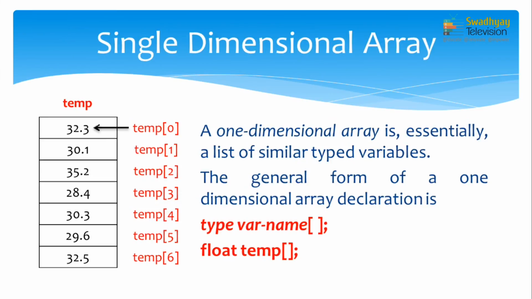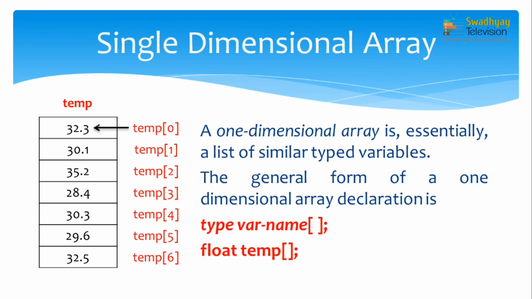Now, we have a single dimensional array. A single dimensional or one dimensional array is essentially a list of similar type variables. On screen you can see that there is a variable of type float and it is declared as an array of float data.